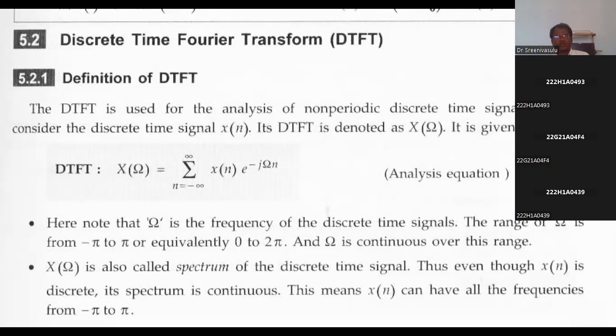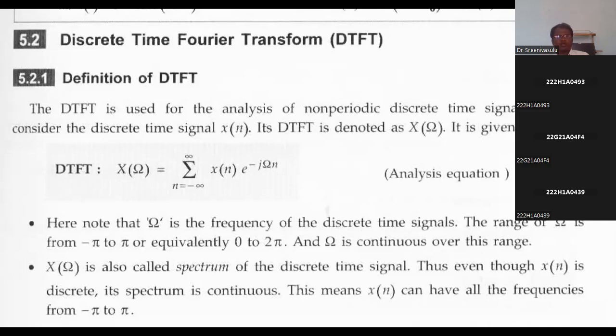So the information is available only at discrete instances, like integers: n takes the values 0, 1, 2, 3, and so on, and negative values also, minus 1, minus 2, minus 3. That is the main difference between continuous time signals and discrete time signals.